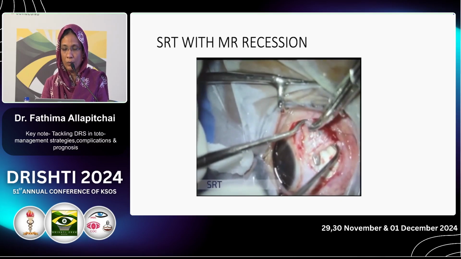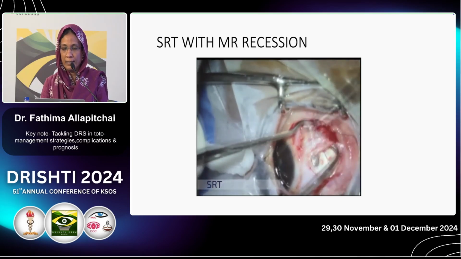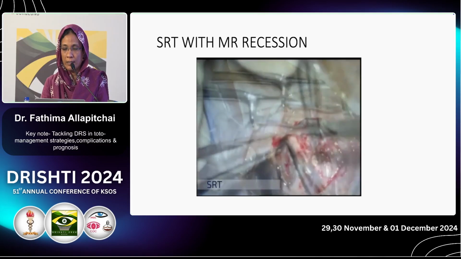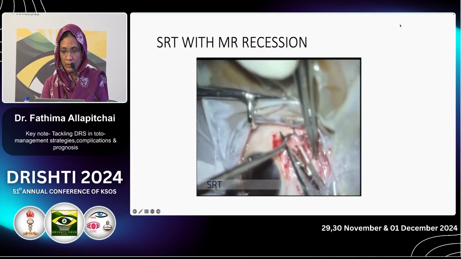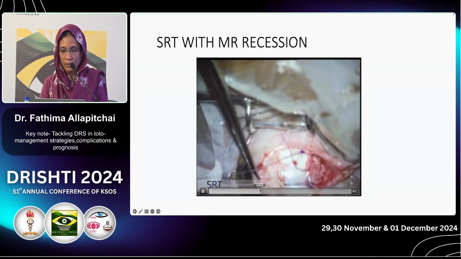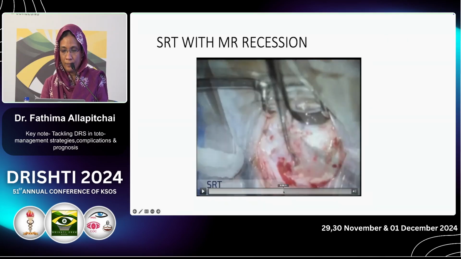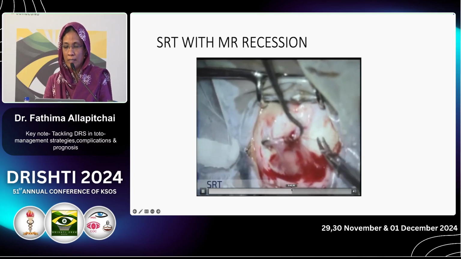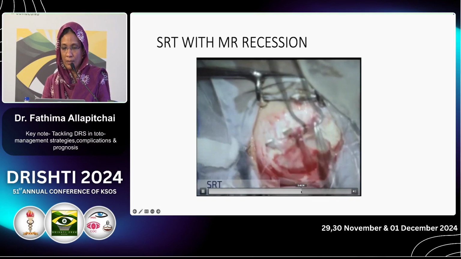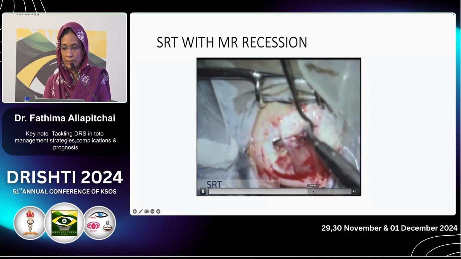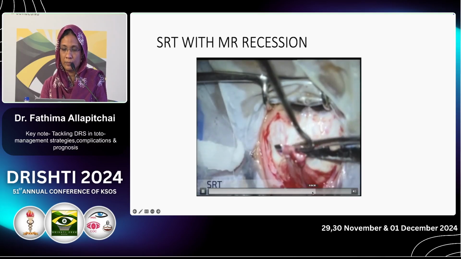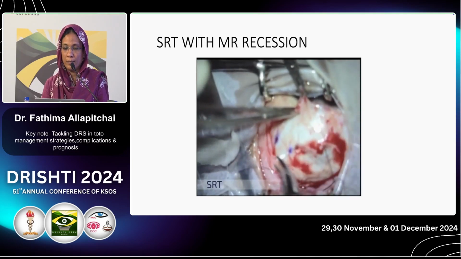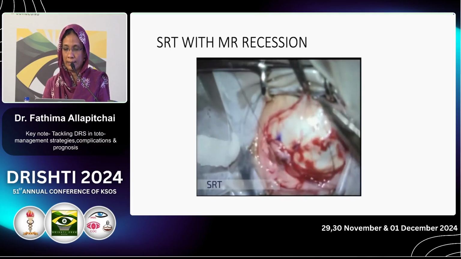So the way it is done, the superior rectus transposition after medial rectus recession: this is the recession part. Superior rectus is secured, then along the spiral of Tillaux, it is embedded near lateral rectus.